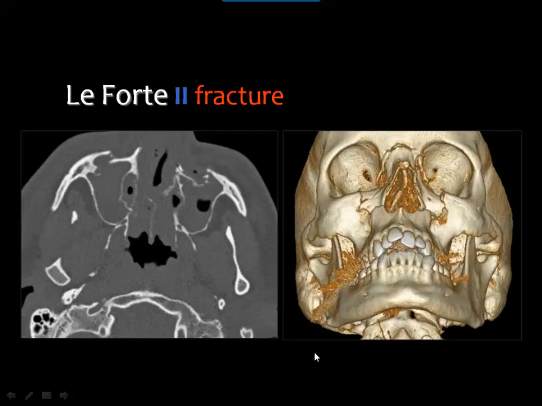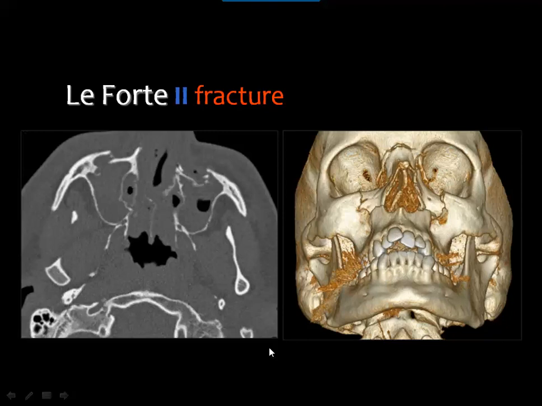The 3D images are very important for appreciation of the fracture lines. And here is a typical pyramidal fracture passing at the root of the nose, medial orbital wall, anterior wall of the zygoma, until it is completed as a pyramid.